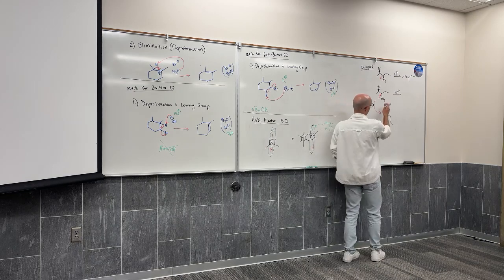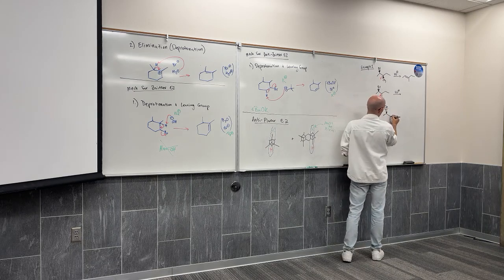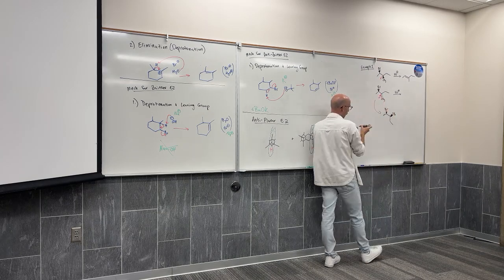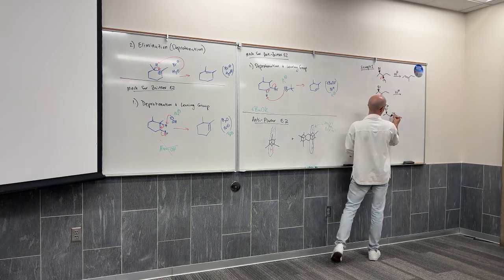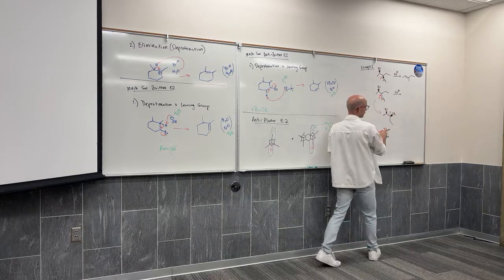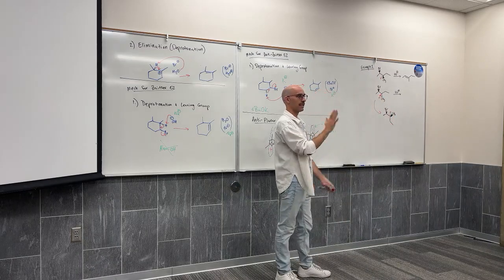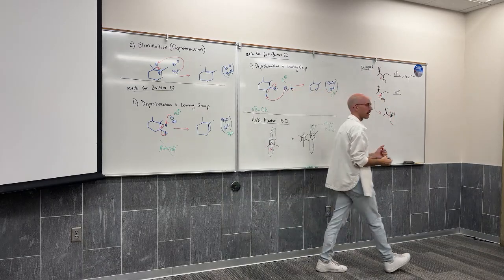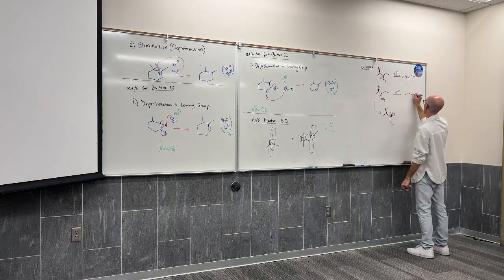And when I do that, the dashed CH3 becomes a wedged CH3, and the wedged hydrogen becomes a dashed hydrogen. Now what I can do is just flatten that carbon chain and put in the alkene.